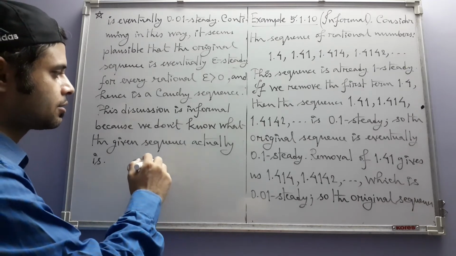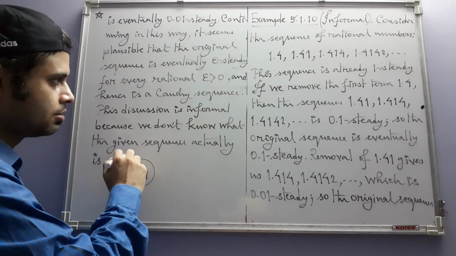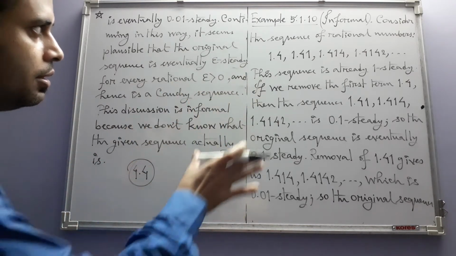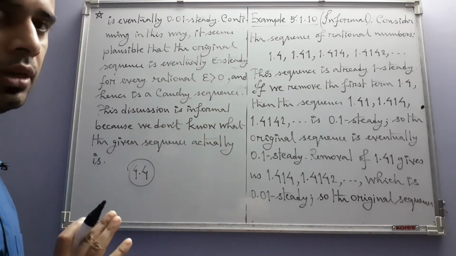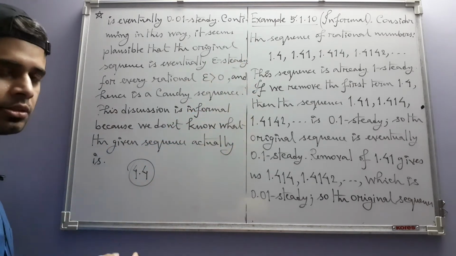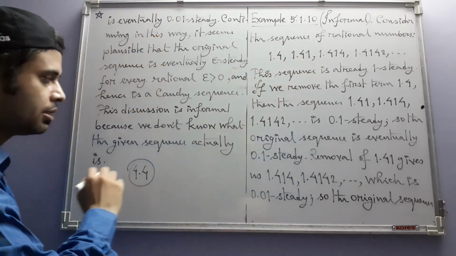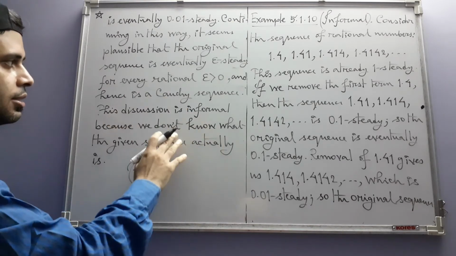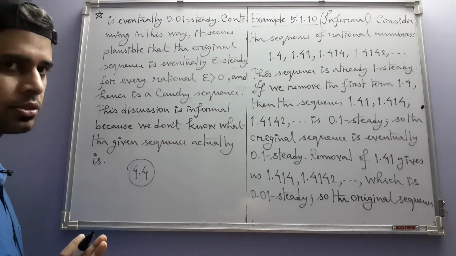Then we are just trying to see whether the notion of Cauchy sequence is matching with this one, whether this is a Cauchy sequence, because we will need to use this type of sequences to define square root of 2 and everything else. So here it seems that this sequence should be a Cauchy sequence, but because we lack a precise mathematical definition of the sequence, we can only guess that yes, it looks like it should be a Cauchy sequence, but we cannot prove it at this moment.